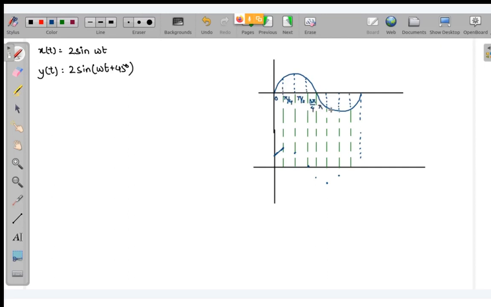This is pi, this is 5 pi by 4, this is 3 pi by 2, this is 7 pi by 4, and this is 2 pi. Yes, correct. So now if you take different time instants over here.